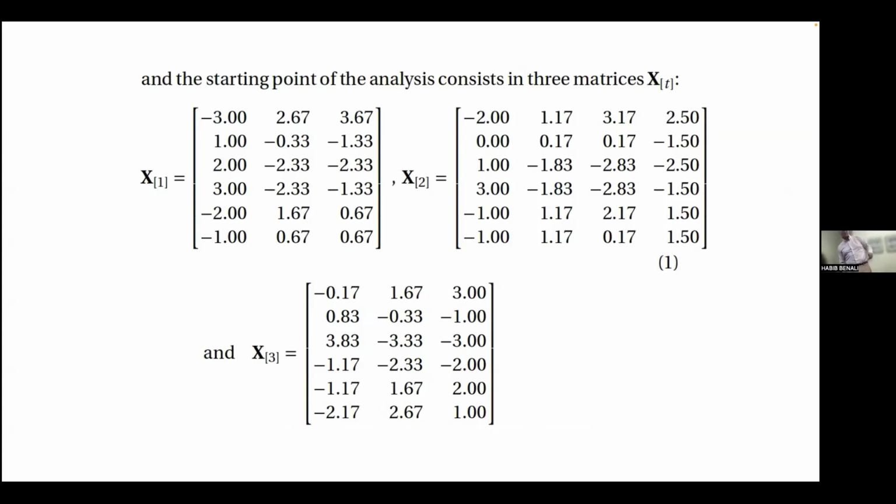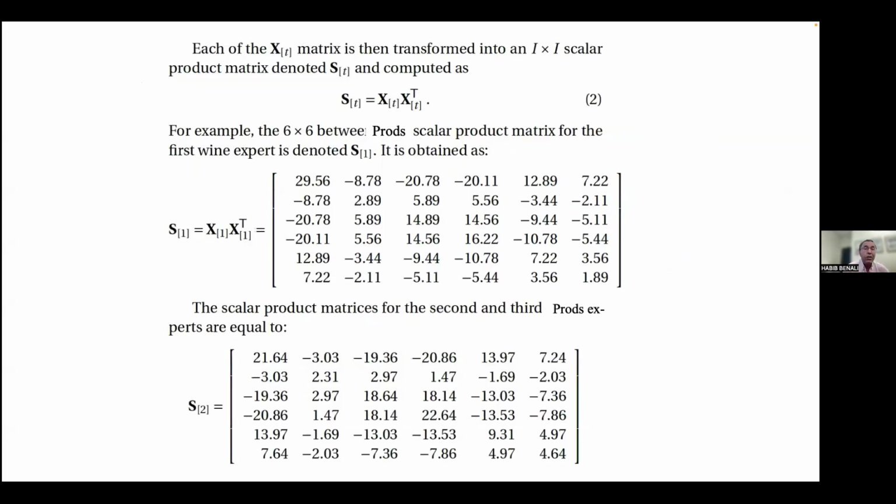Okay, so I have 3 experts, 3 matrices, I reduce the 3 matrices. Now, as I mentioned, I told you that X corresponds to an operator. The X that I mentioned here, I can associate to X a covariance matrix.